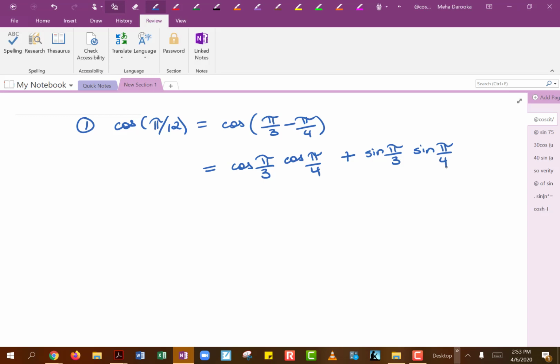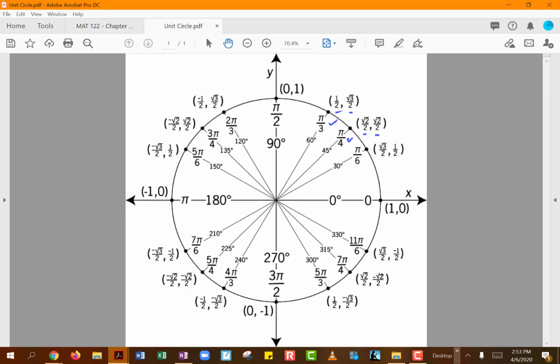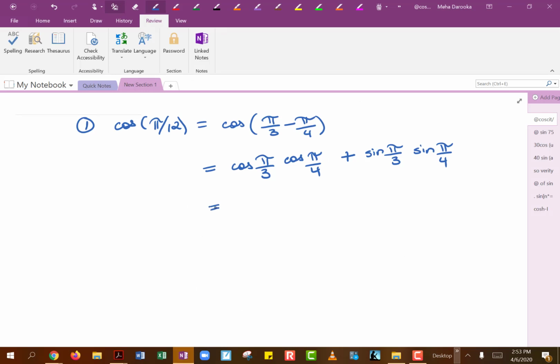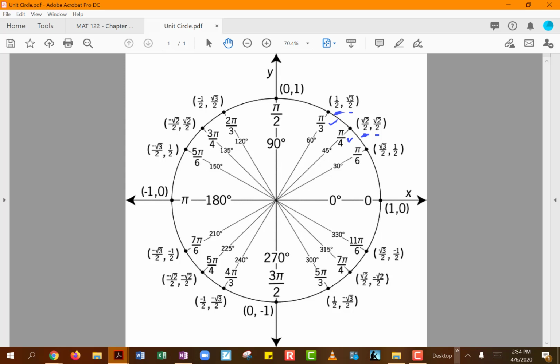Okay. So your same angles, pi over 3, pi over 4: cosine of pi over 3 is 1/2. Cosine of pi over 4 is square root of 2 over 2. So let's go ahead and write that down. So 1/2 for cosine of pi over 3 and square root of 2 over 2 for cosine of pi over 4, and then plus, we'll go back to our unit circle.